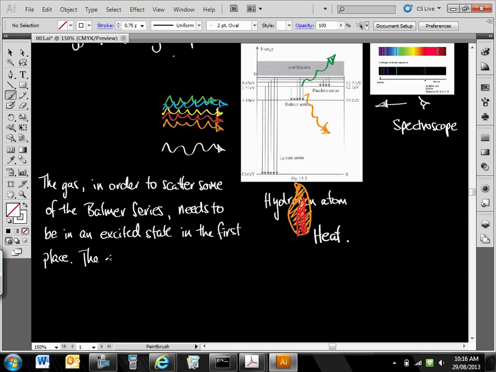And we might say the gas needs to be very hot. It doesn't look like hot, does it? Very hot.